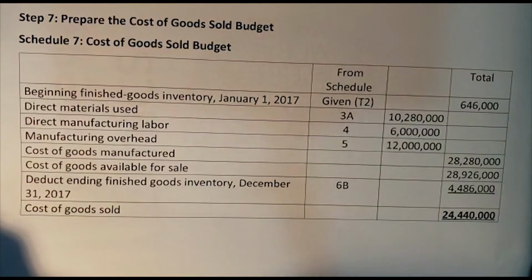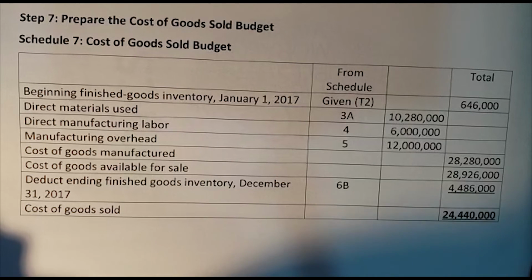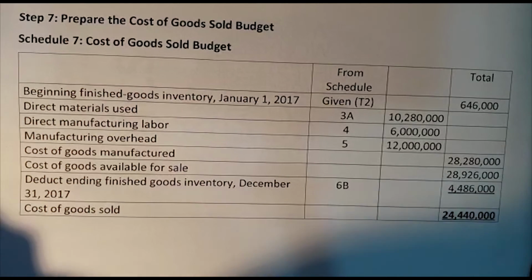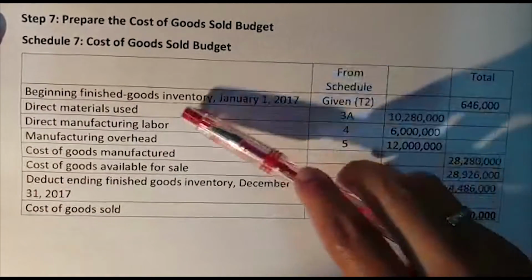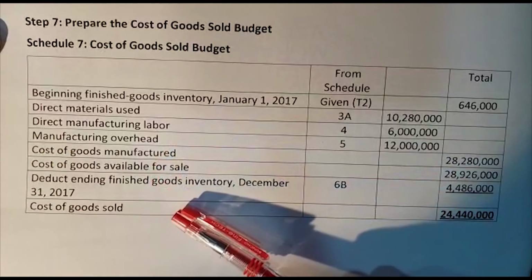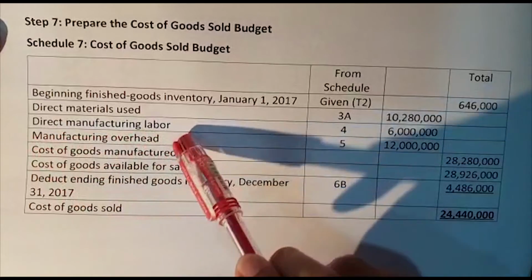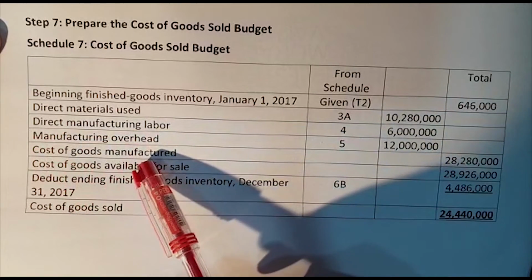Alright, so this is supposed to be the last schedule that you have to prepare, that is schedule 7, the cost of goods sold budget. In this schedule, we normally don't make a specific calculation. We just need to transfer some information that we get from our earlier schedules. In the cost of goods sold budget, we start with beginning finished good inventory, and then we add direct material used, direct manufacturing labor, and manufacturing overhead.